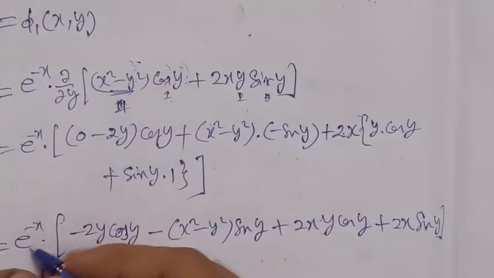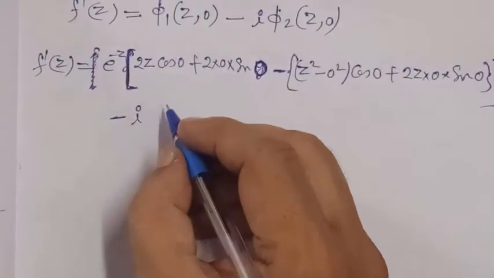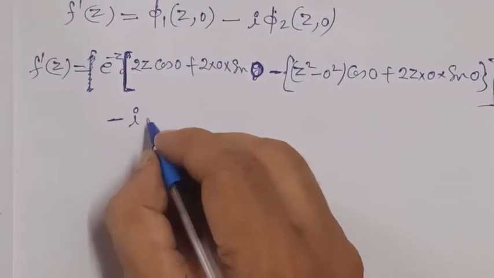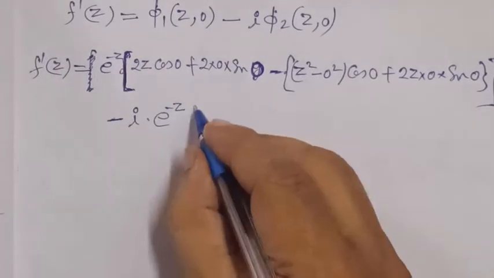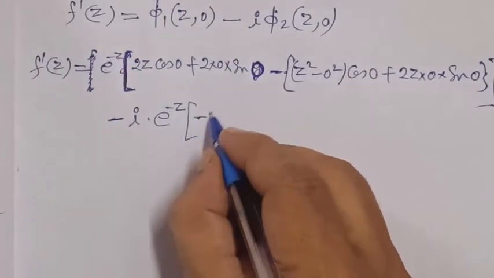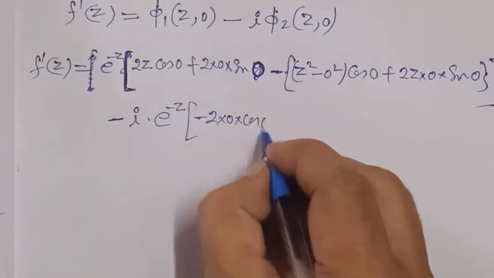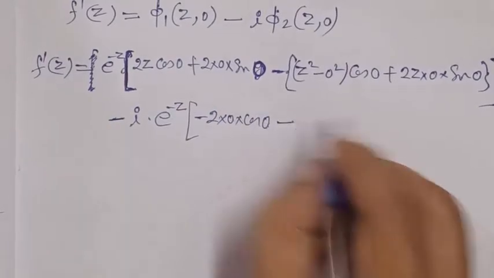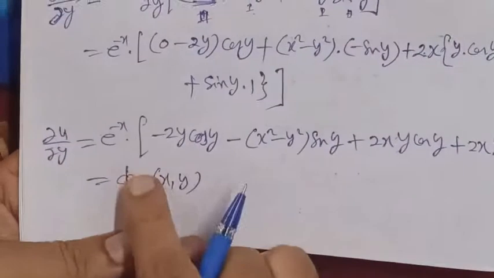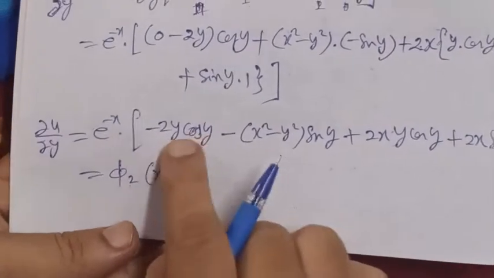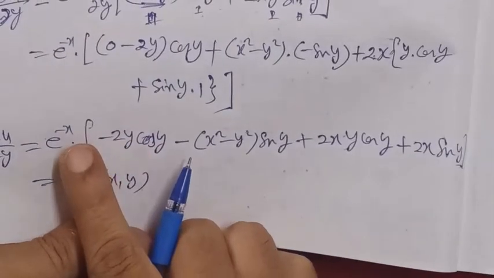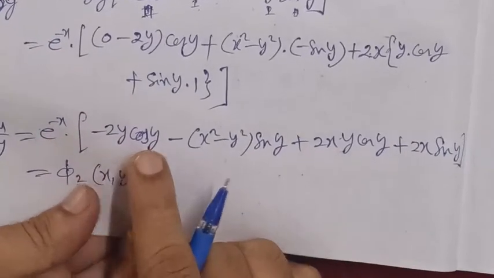So we write in this value here, e^(-z), bracket, minus 2 into 0 into cos 0 minus, you can see this value, and φ2(x, y), I put z in place of x and 0 in place of y.